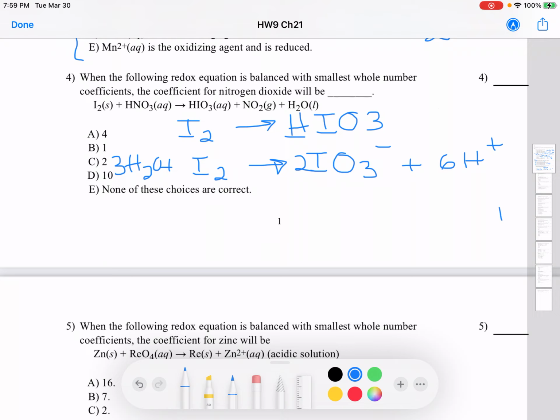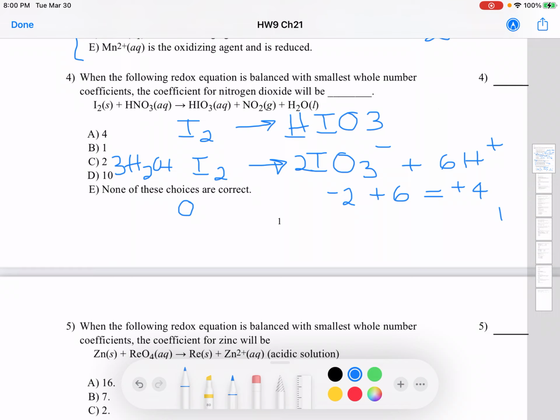Now we need to balance the electrons. Water molecules are all neutral, so the left side has no charge. On the right side, we have minus 2, 2 times minus 1, plus 6 positive. So it's plus 4. Going from 0 to plus 4, what is that? Is that oxidation or reduction? That is going to be oxidation, because the number increases.